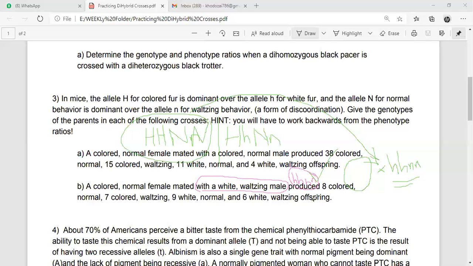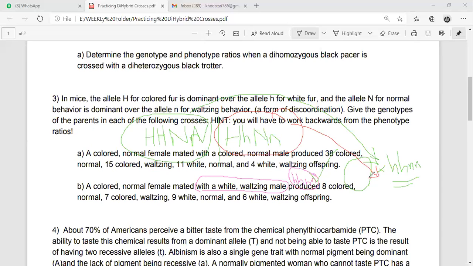But what is the result we are getting? 7 colored normal, 8 colored normal, 7 colored Watson, 9 white normal, and 6 white Watson. What does it mean? That's not the case. So the female is not homozygous dominant, she is heterozygous. That's all. This is the answer for this question.